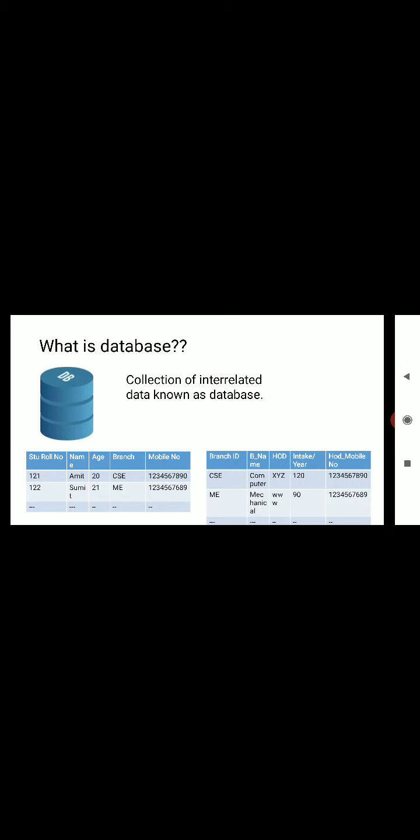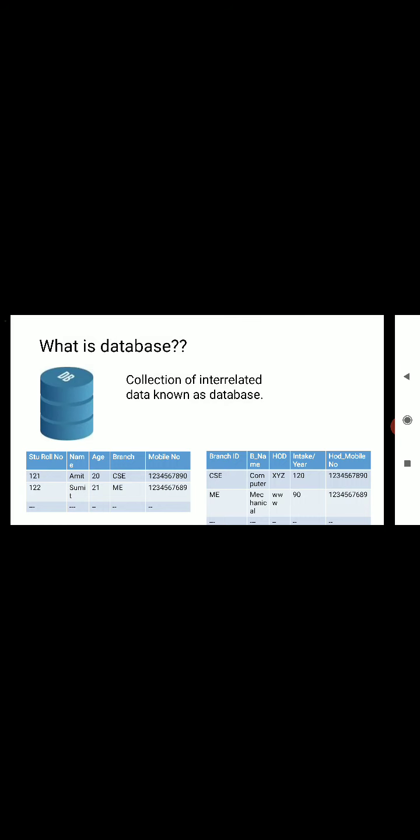Here I am showing an example: student roll number, name, age, mobile number. All this data is interrelated. Name belongs to student roll number, age belongs to name, branch belongs to student roll number, age belongs to branch. These are interrelated data.